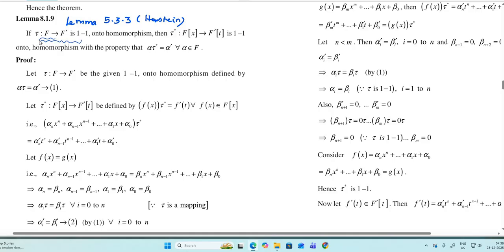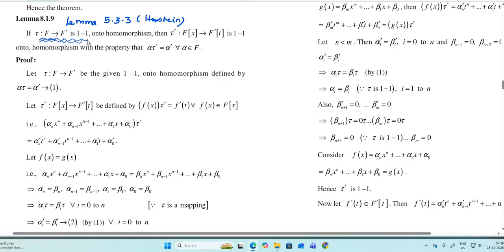This is to be noted. This is the catalyst, what we call in chemical reactions. So like that, here you have this statement: if tau from F to F prime is a one-to-one onto homomorphism, this is the main thing.